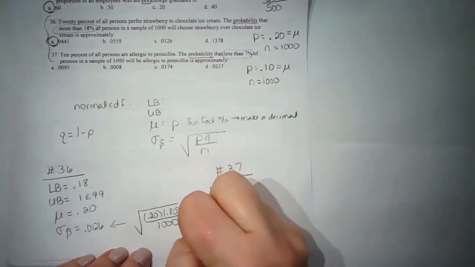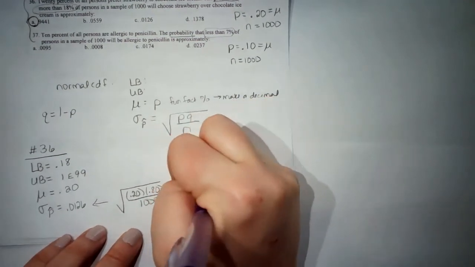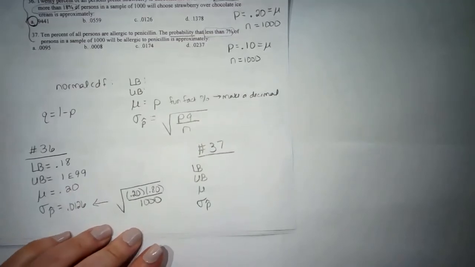All right, we want our lower bound. Well, this is less than 7%. First of all, what is 7% as a decimal? 0.07, right? I promise you somebody in here is going to put 0.7 in their calculator. It'll happen on the test too, okay? So remember to divide by 100.